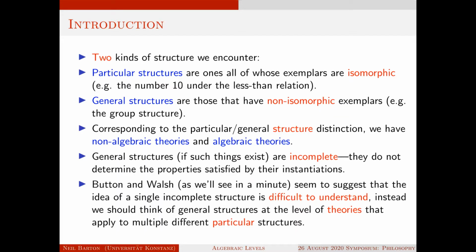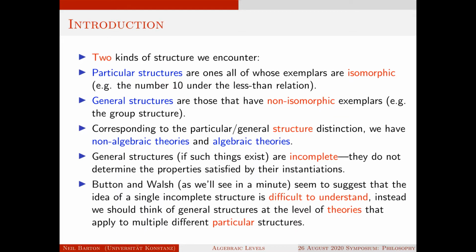Okay, and corresponding to this distinction of particular and general, we have non-algebraic and algebraic theories. The non-algebraic theories are precisely those that refer to particular structures, and algebraic theories are those that correspond to general structures. Now, if you're going to have general structures, you have to have incomplete structures. These are structures that do not determine all the properties satisfied by their instantiations, or all the structural properties in some sense satisfied by their instantiations.